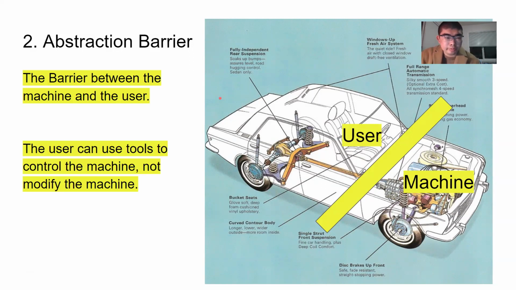The barrier between the machine and the user in programming is called the abstraction barrier. The users can use the tools to control the machine from outside of the barrier. If you want to modify the machine's mechanics, you may cross the barrier when the machine stops running.